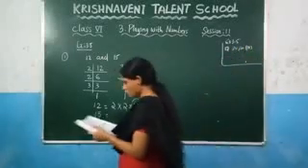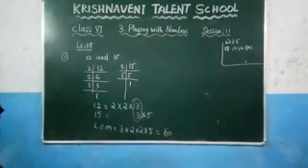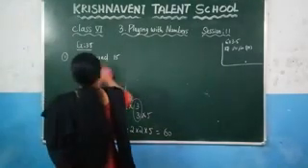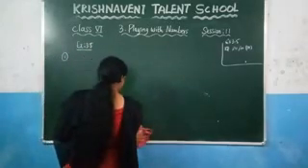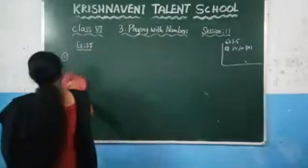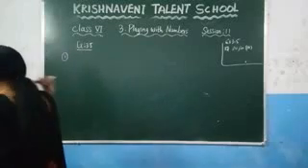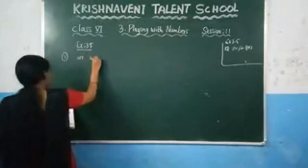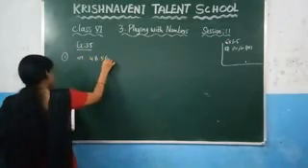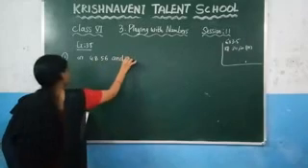Now see the fifth question. Here they have given 3 numbers to find the LCM. So in that the first one 48, 56 and 72.